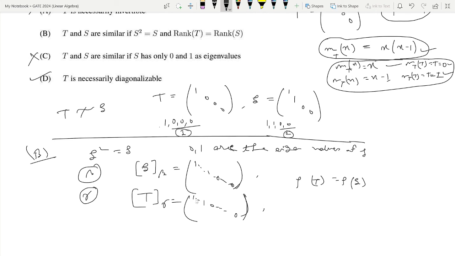So that means the matrix of S and the matrix of T will contain the same number of zeros and the same number of 1s in their diagonal positions.